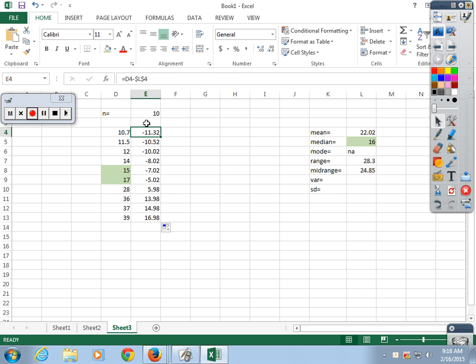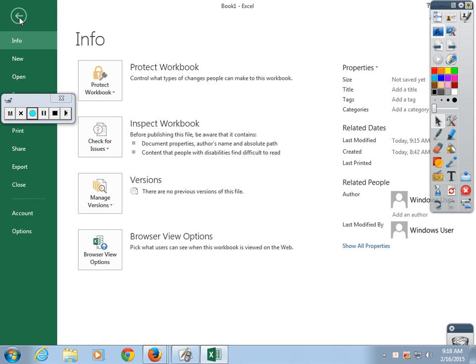You have to just equals, and you click on the first one, minus, click on that one, and hit F4. And that locks it. And then after you lock it, you copy it down. And then equals this raised to the second power. And there's that. And then you add those up, and that's your numerator. Whatever.